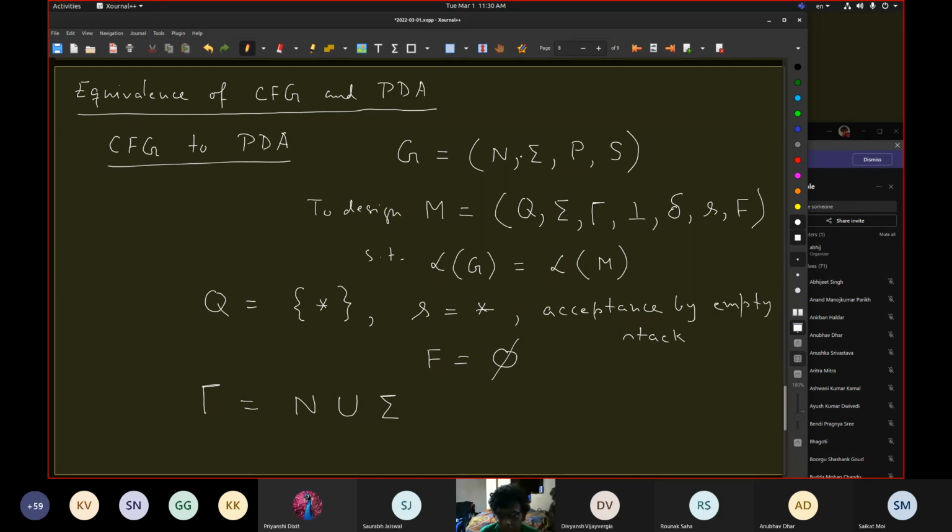And the start stack symbol will be the start symbol S. Now, the only thing that is left is this delta. So delta will somehow incorporate the productions, plus something else.